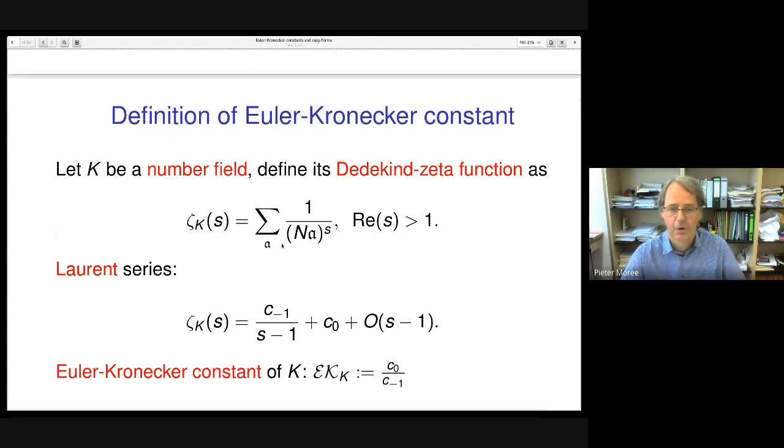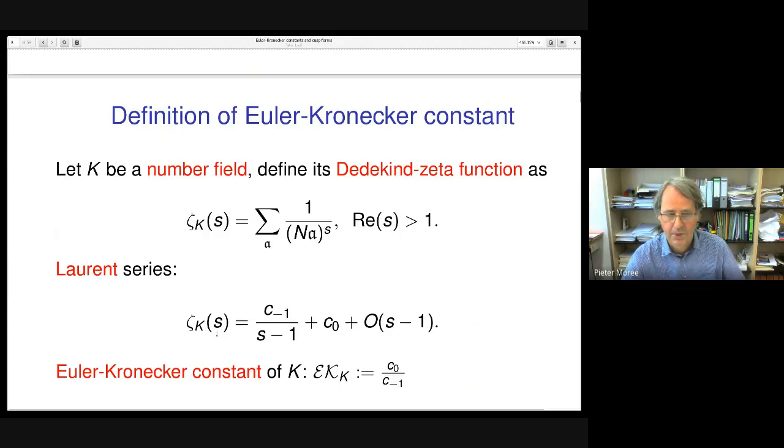And so we can form this function. As you already see, this is very similar to the Riemann zeta function. If my number field is just the rational numbers, then the ideals are basically just the ones generated by the integers, and so basically I get the Riemann zeta function.